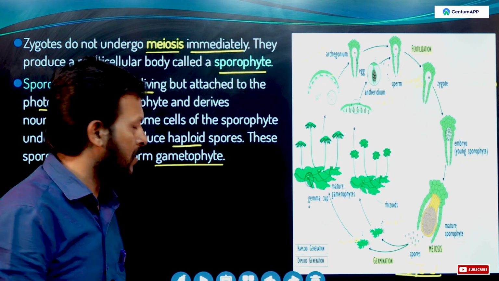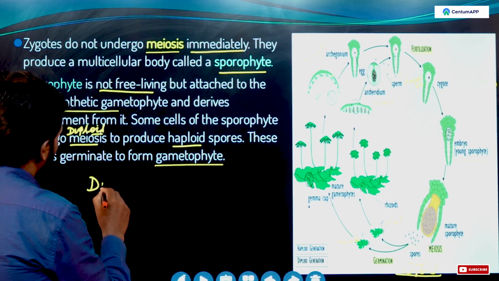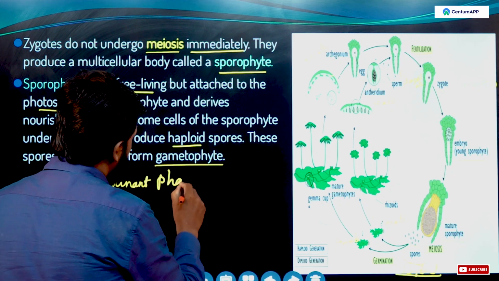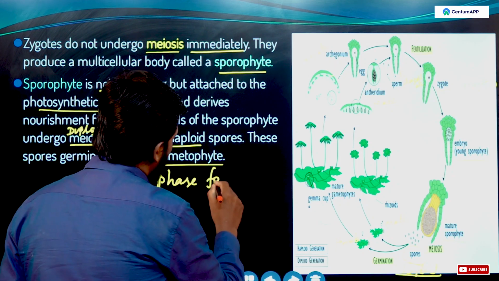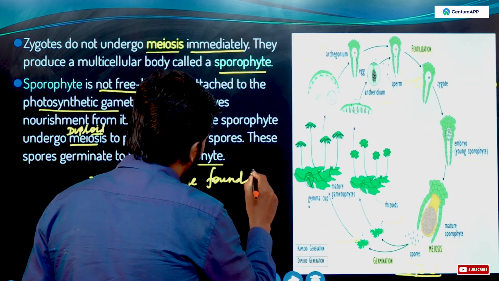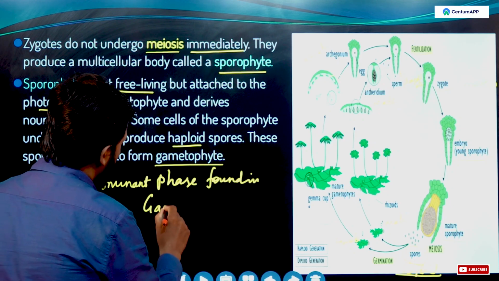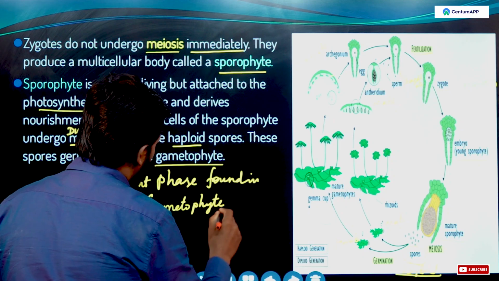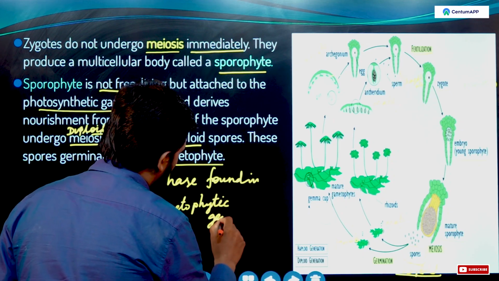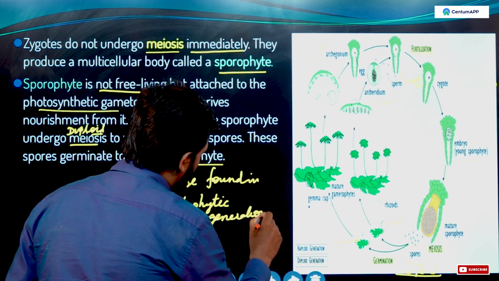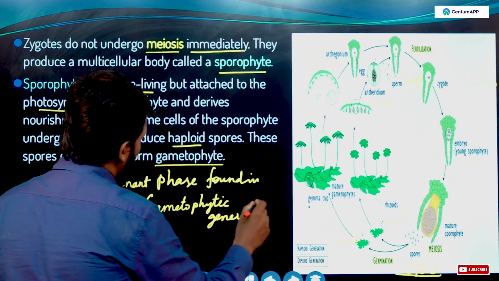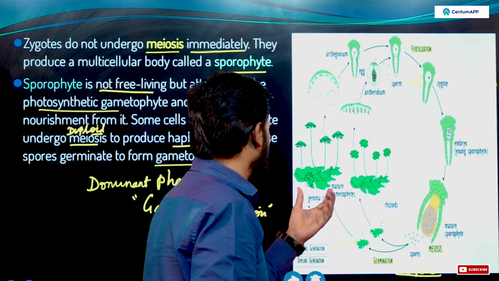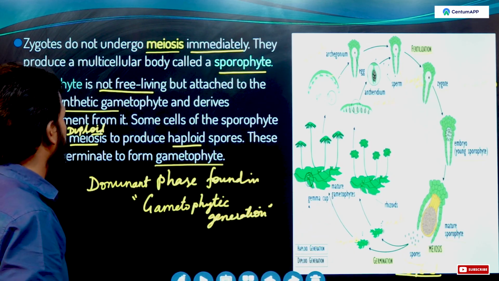The dominant phase found in bryophytes is the gametophytic generation. Gametophyte means body cells are produced.